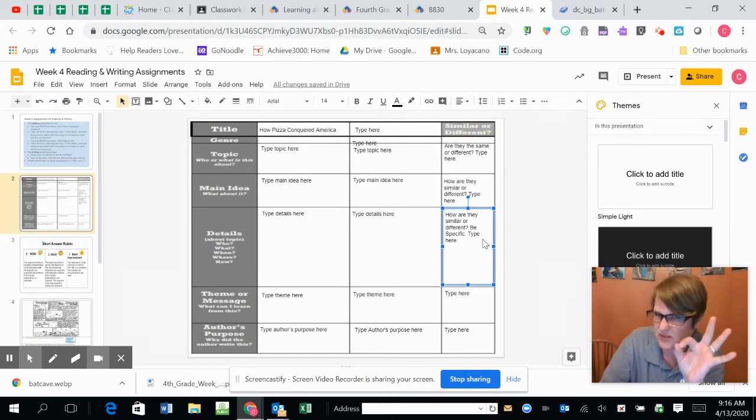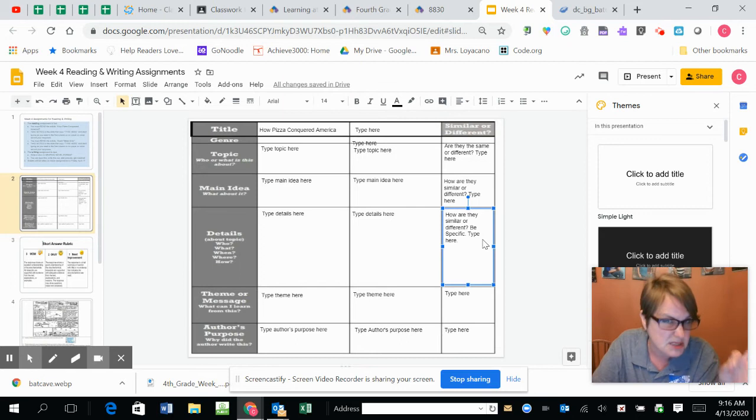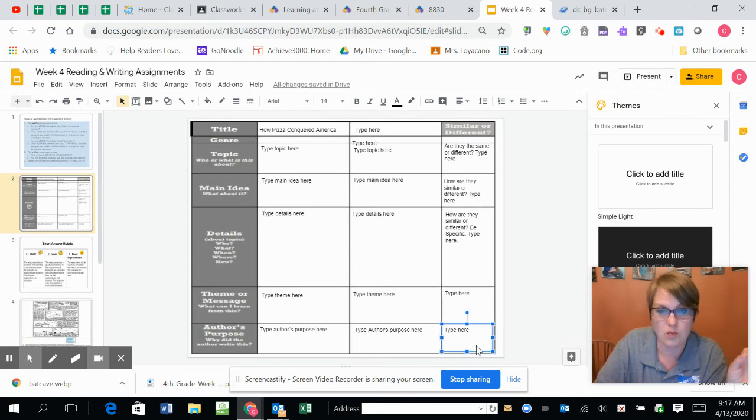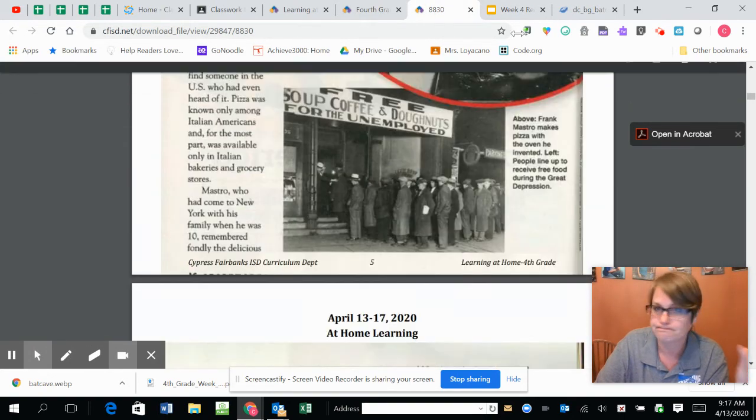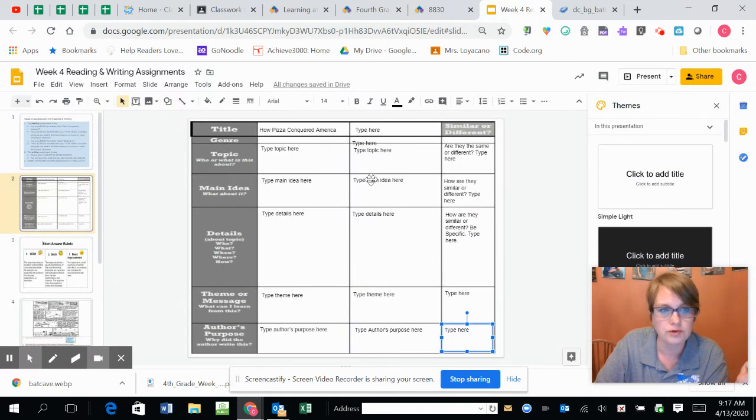Were there some specific details that were the same or some specific details that were different? Was the theme different? Was the theme the same? And was the author's purpose different? Or the author's purpose the same? So you're going to complete this. This is going to be a grade. So once you've completed this and you've read these two articles, you're golden.